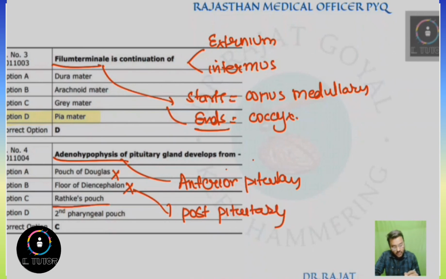Rathke's pouch, yes, this is correct. Option number 3 is correct answer. Anterior pituitary develops from Rathke's pouch. Second pharyngeal arch, no, this is not true. So answer will be option number C.